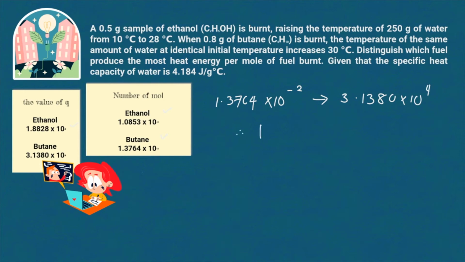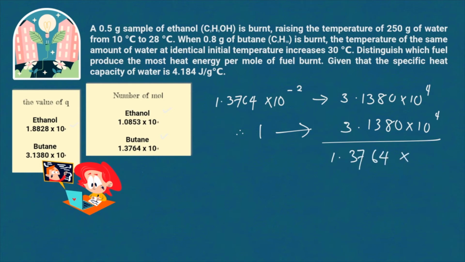Therefore, if you want to know for 1 mole of butane how much energy is going to be produced, so 3.1380 times 10 to the power of 4 divided by 1.3764 times 10 to the power of negative 2. So for each mole of butane, you should get 2.2799 times 10 to the power of 6.